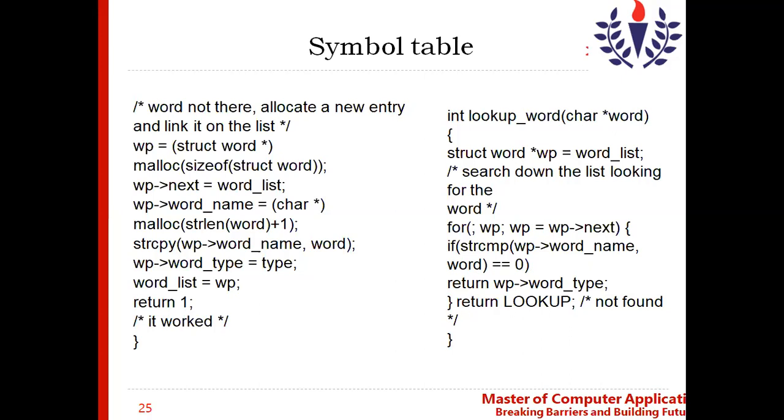That is why the lookup word has the return type int. From the int, we'll come to know what is the type. As we have already seen with the enumerator variable, whether it is a verb or adjective or adverb, it is giving the value 1, 2, 3, 4 like that.